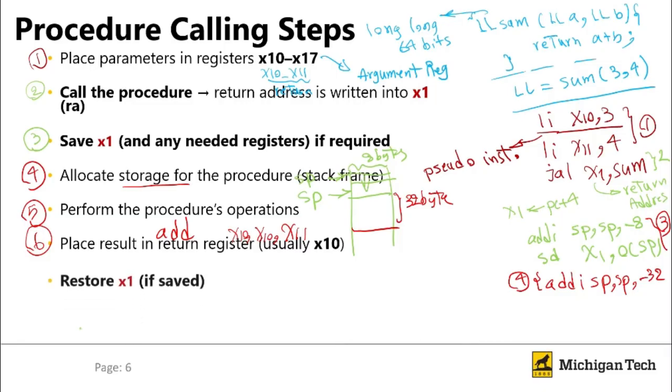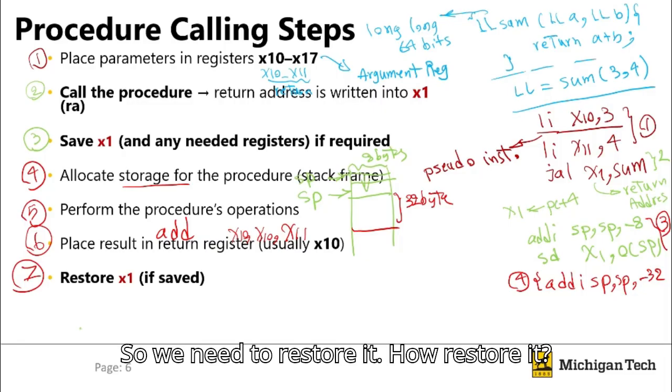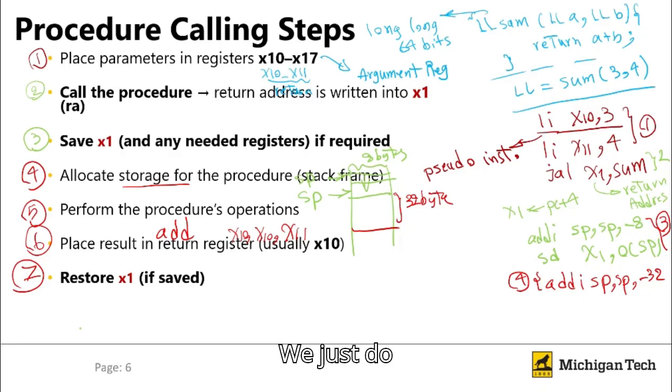Step 7, restore x1. If we save x1 in the stack, we need to restore it. We did in this case. So we need to restore it. How do we restore it? We just do a load. Easy.